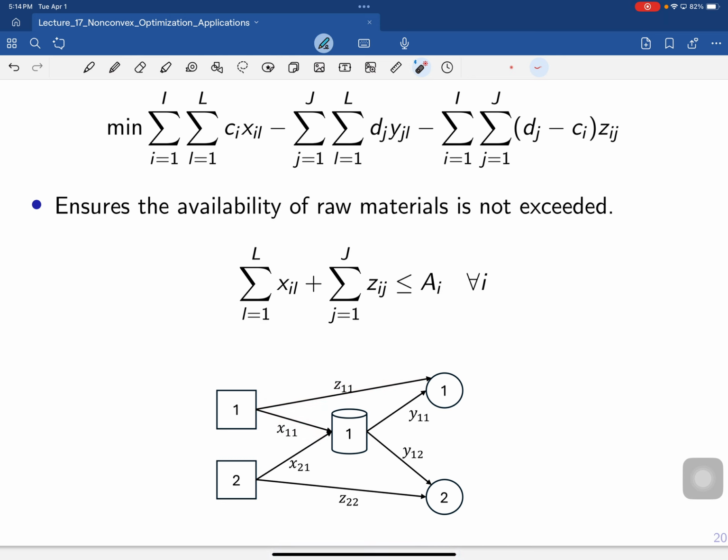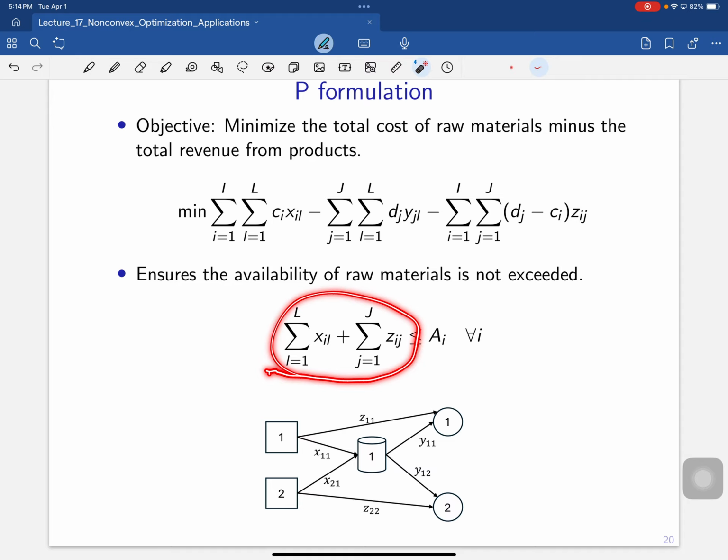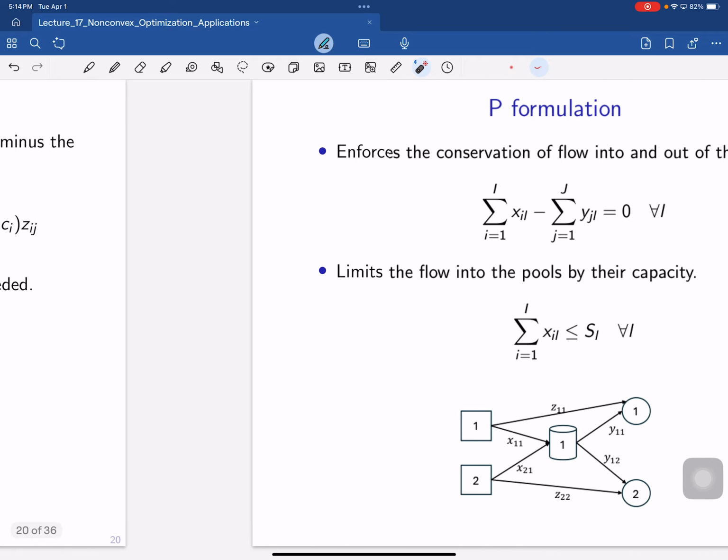Right? So just like in this case, these are the edges going out of raw material 1, they have to be less than or equal to the availability of raw material 1, right? And that's basically this constraint here. Okay, the sum of x and z represents all the edges going out of raw material i.